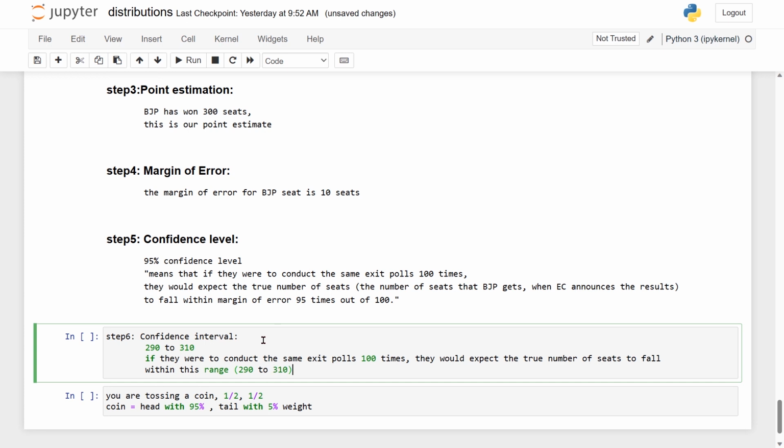Within this range 290 to 310, 95 times, maximum 95 times out of 100.